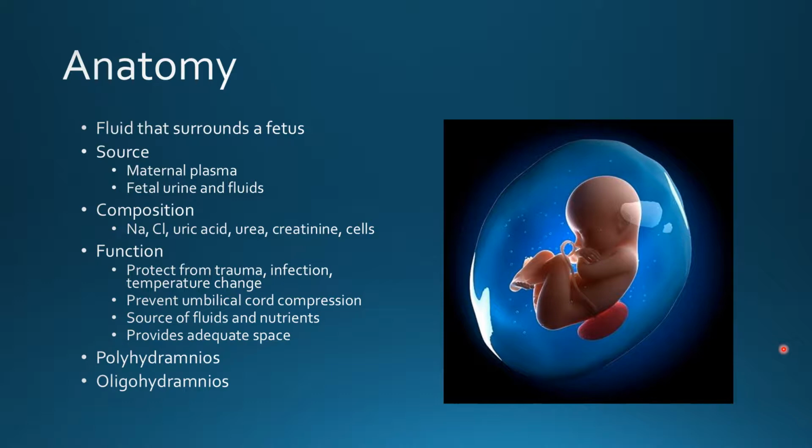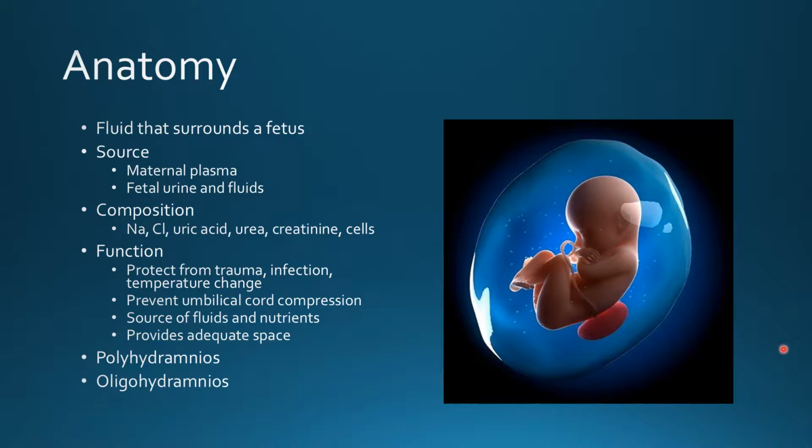It's not until late in gestation that we start to see material from the fetal lungs, because the lungs start to be mature. It's one of the last things that matures in the fetus. So there are structures called lamellar bodies, which are from the fetal lungs, which you'll start to see late in gestation.